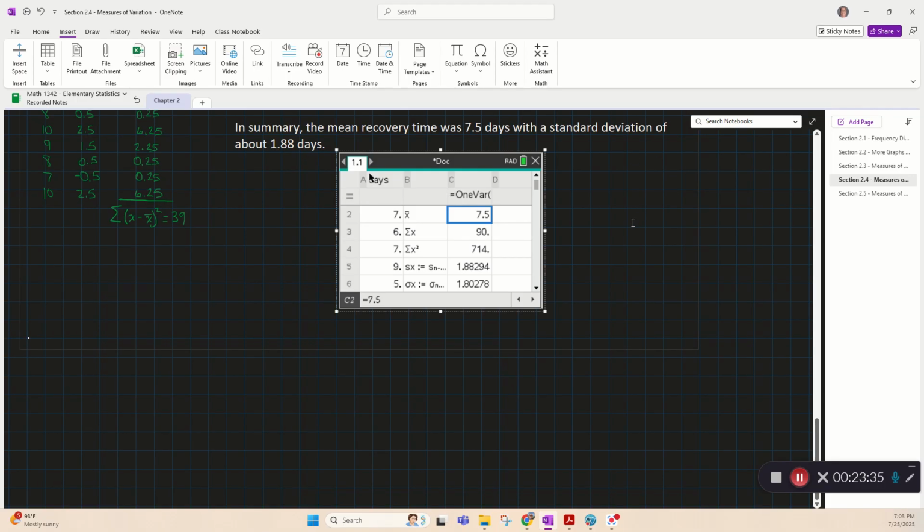Okay, so let's again just kind of mention what these are. This is our sample mean. This is our sample standard deviation.